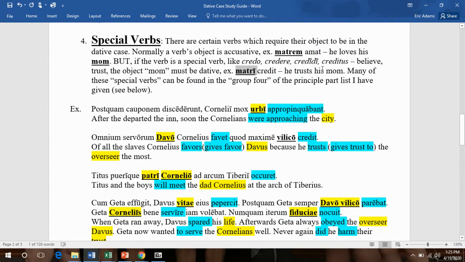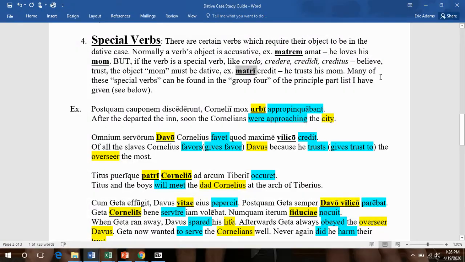In that, you have the object of credit, he trusts, he believes, his mom in the dative case. So the only kind of mom he can love is an accusative mom because it's a normal verb, amat. But if you have a special verb, the only kind of mom he can trust is obviously going to be a dative mom. And so these verbs all require it for their object.